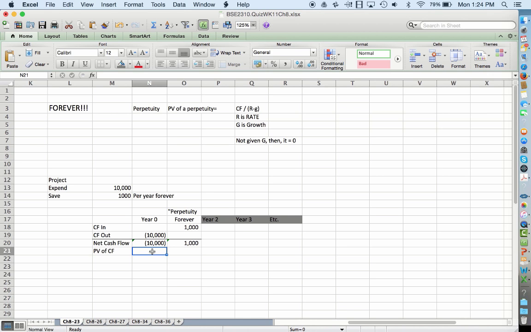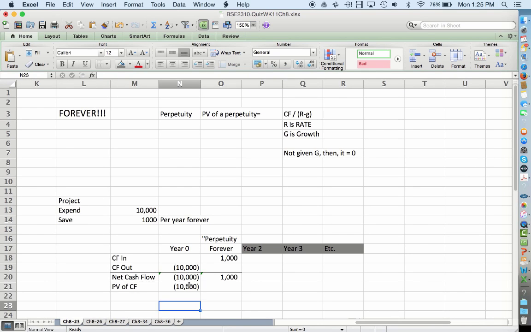So I make it equal, and it's just that value. I can actually do the calculation using the PV function if I want to, but I also know that the present value of anything in today's terms is itself.